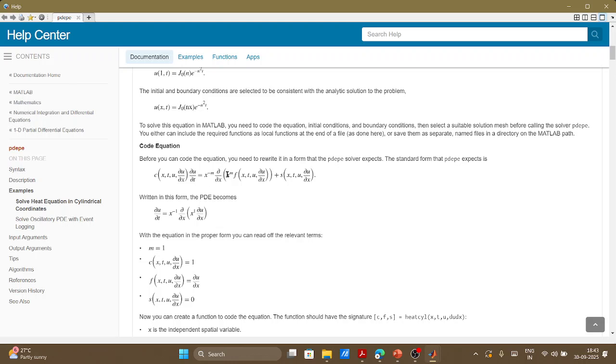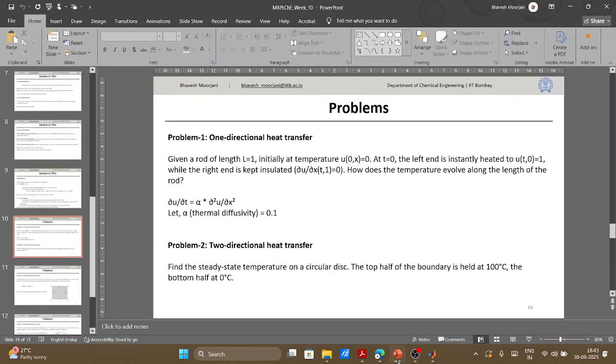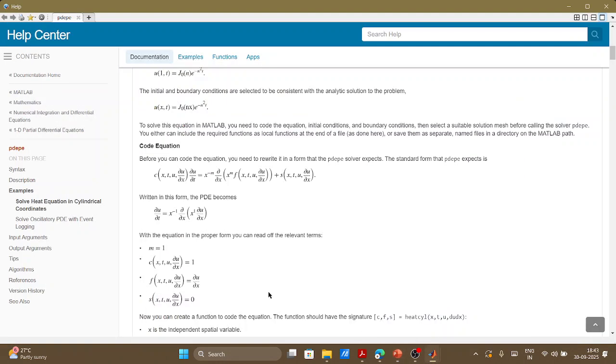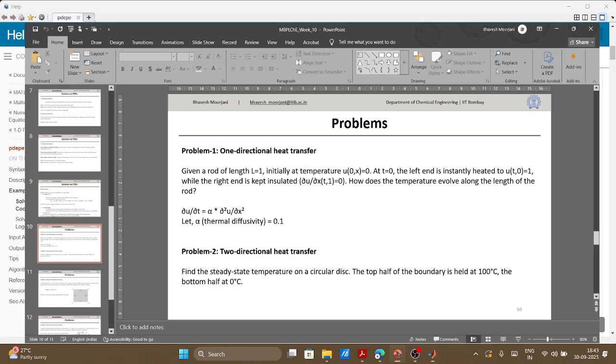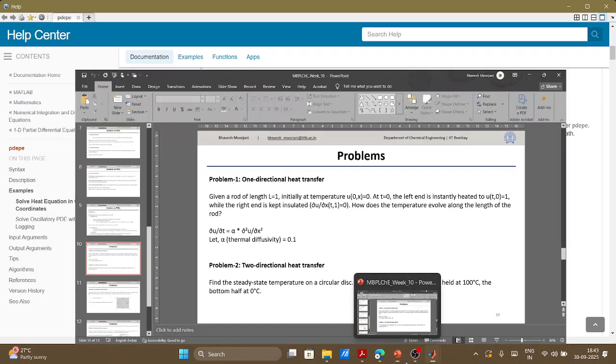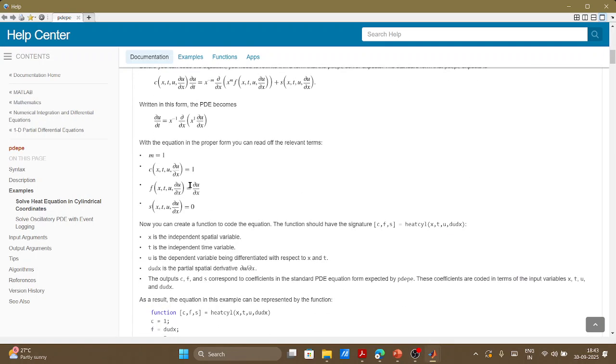Then the function f is the first order derivative, so that will be du by dx only. Then for the s parameter, we don't have any additional term here, so s becomes 0. So I know my c is 1, f is du by dx, s is 0, while m value is 0.